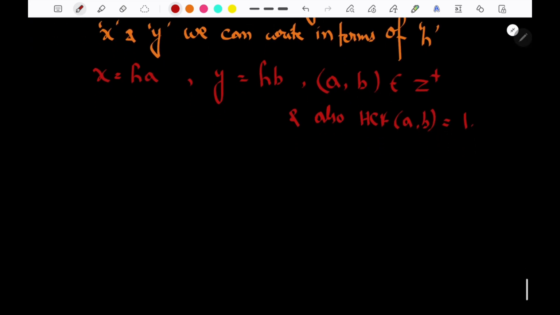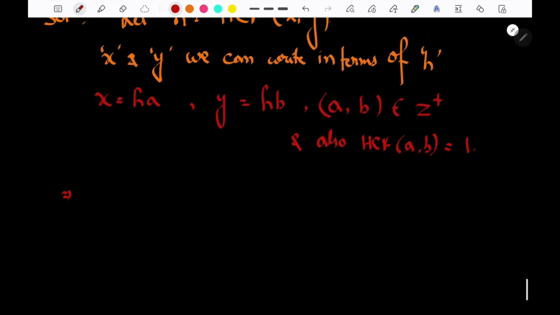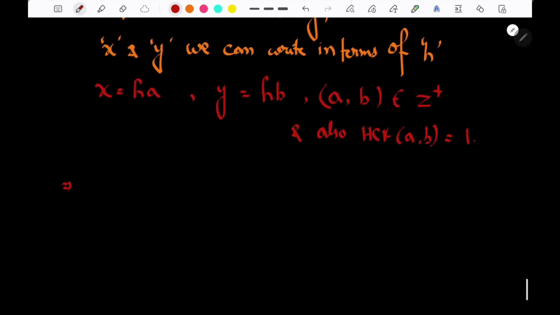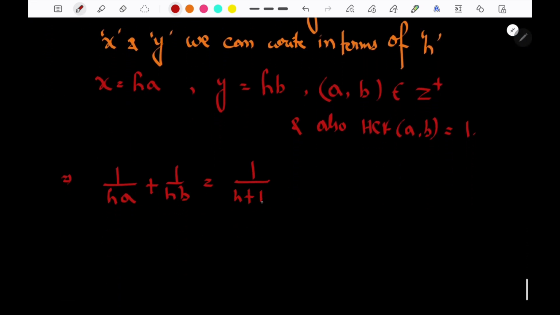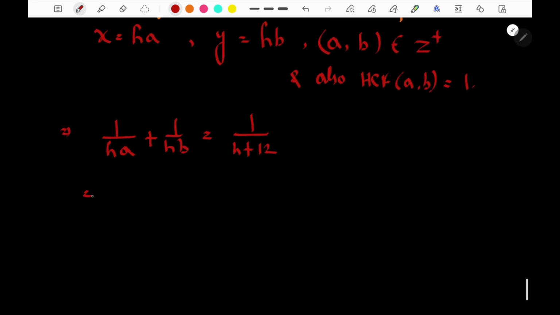Okay. Now if this is the case, we can substitute into the original equation. So this will be 1 by h a plus 1 by h b is equal to 1 by HCF of x comma y, that is h plus 12. So what is the value?